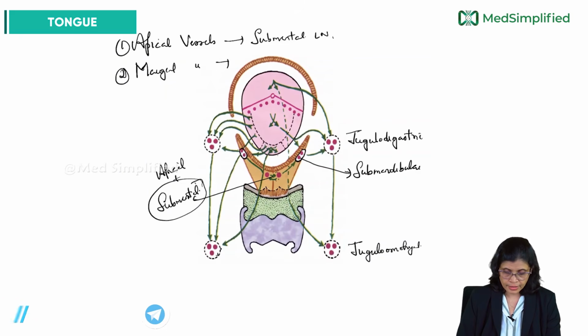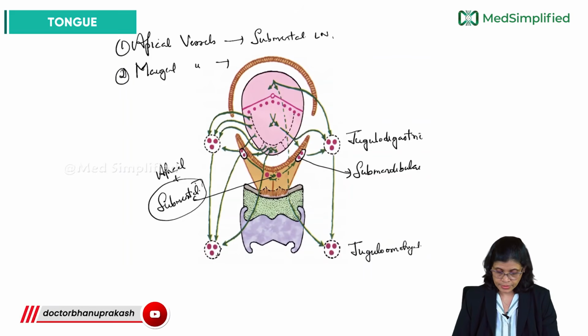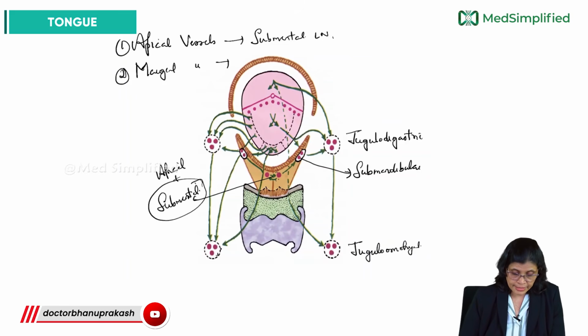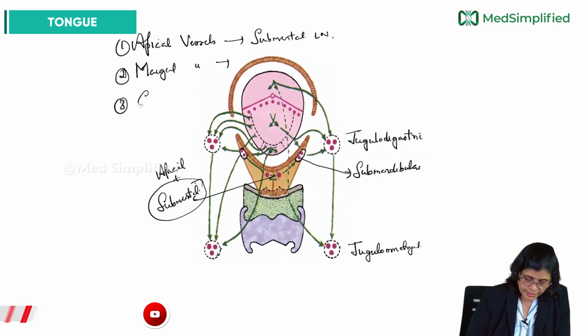So this is draining the anterior 2/3 of the tongue on either side. So we have apical vessels, marginal vessels, and then the central vessels. The third group is the central vessels.